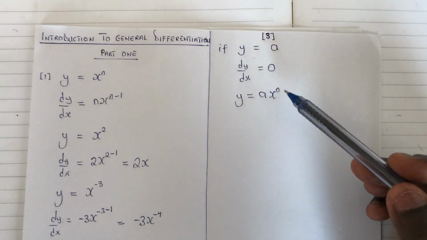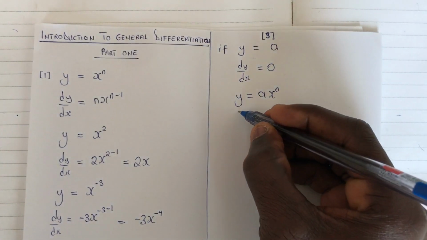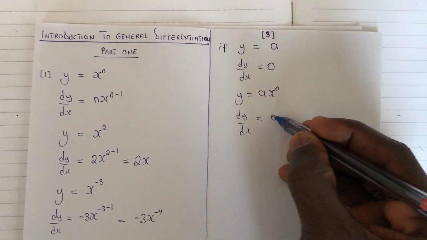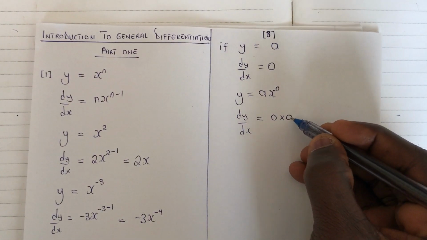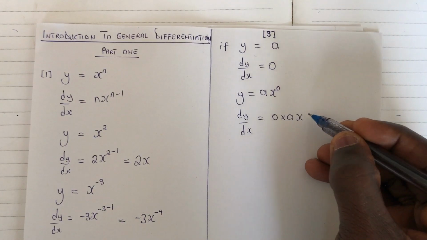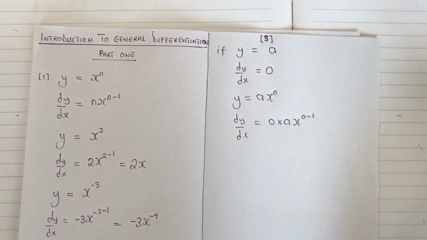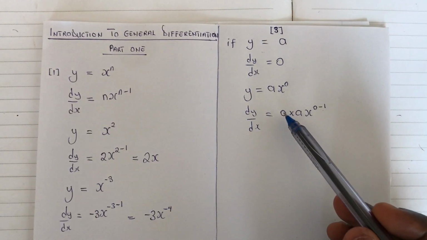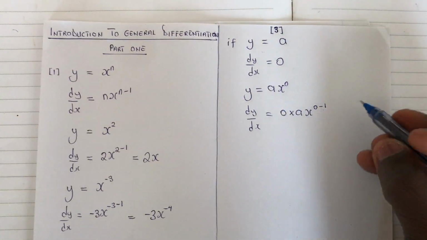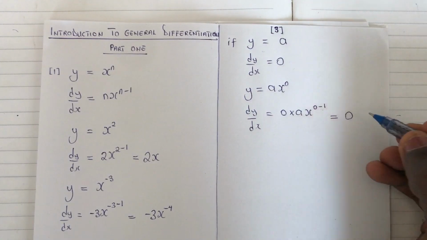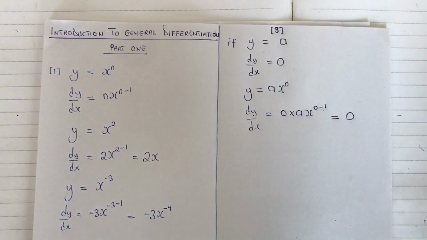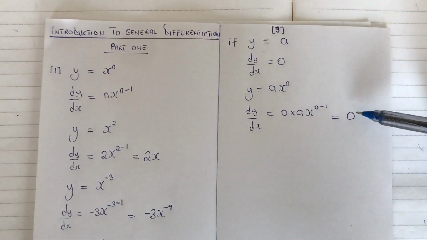So now when we differentiate this, we are going to get dy/dx equals 0 times a times x raised to the power 0 minus 1. Remember that we are still using this same rule. And so 0 times everything here makes the whole function equal to what? 0.